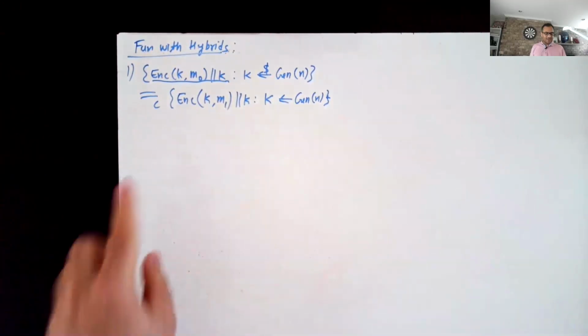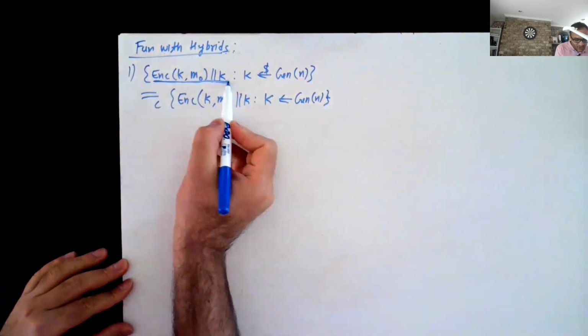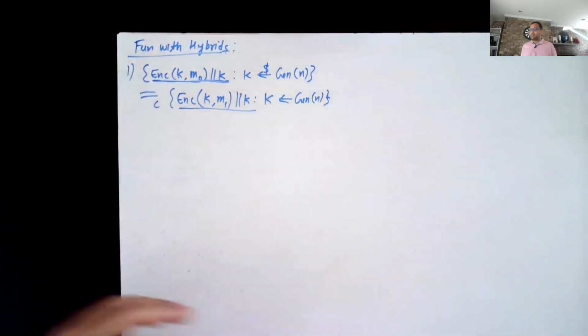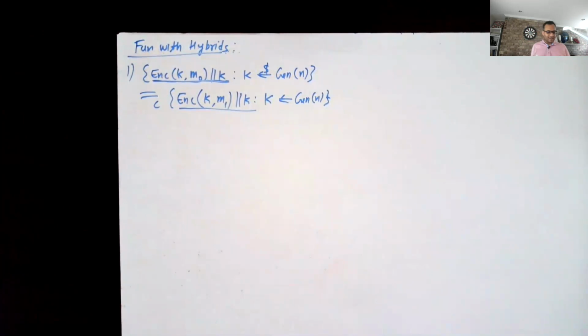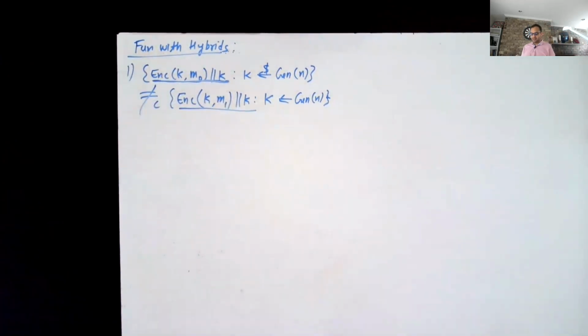Yeah, so clearly if somebody gives me either this distribution or this distribution, I have the key, I can just decrypt and recover the message, right? And then clearly these two distributions are not computationally indistinguishable. So what went wrong? I'm looking for a more precise answer. So clearly, the statement is wrong, but the hybrid argument seems like it was done correctly. So what is going on?